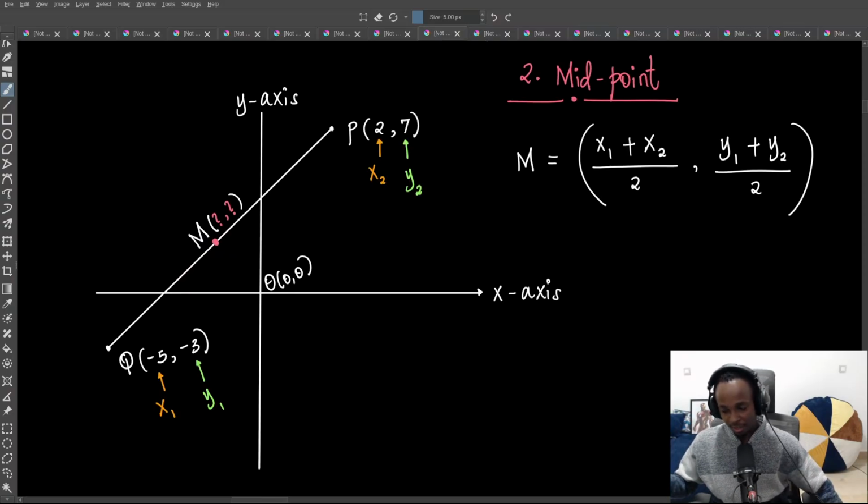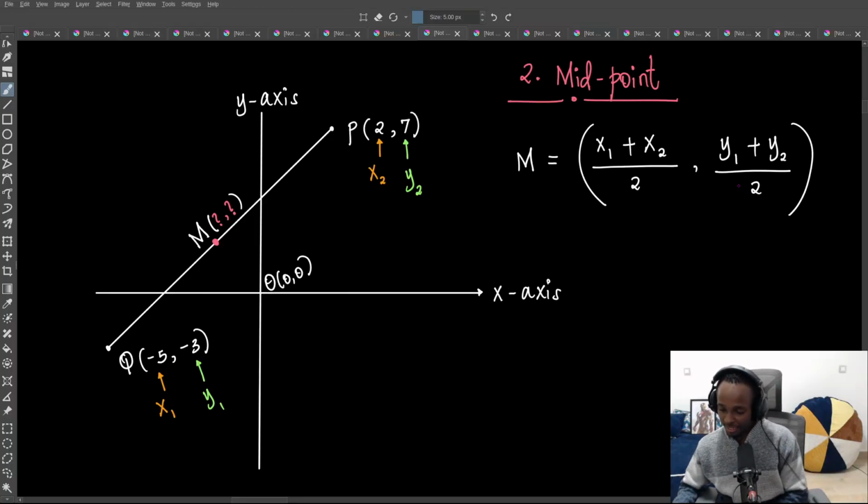To get the coordinates of M, it's basically finding the average of the x and the y values. So the x coordinate will be x1 plus x2 all over 2. And then the y coordinate of M is going to be y1 plus y2, and that is all over 2. So it's like taking the average of the x values and then the average of the y values.